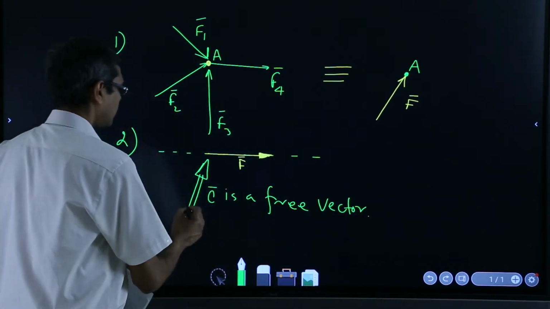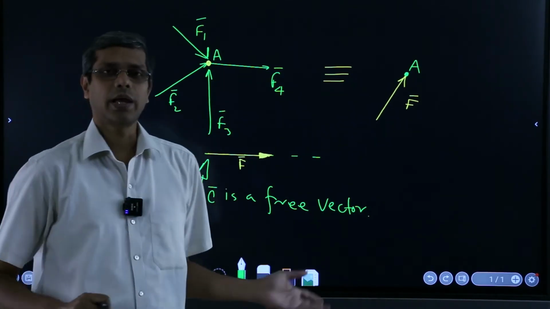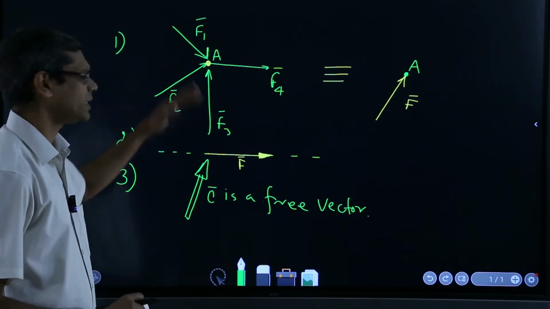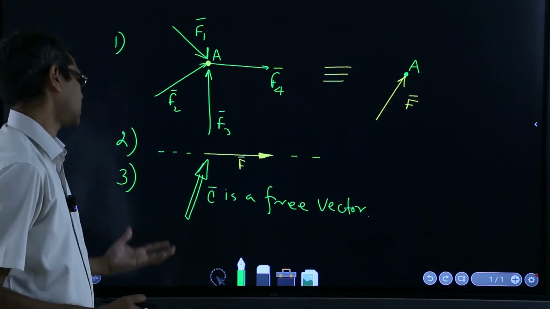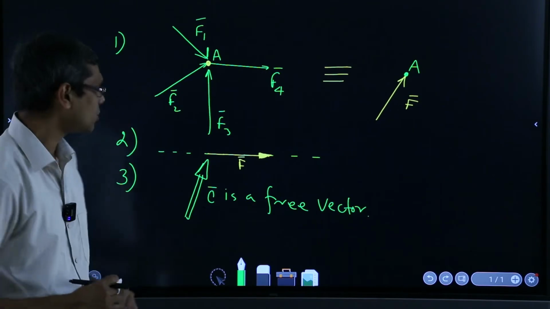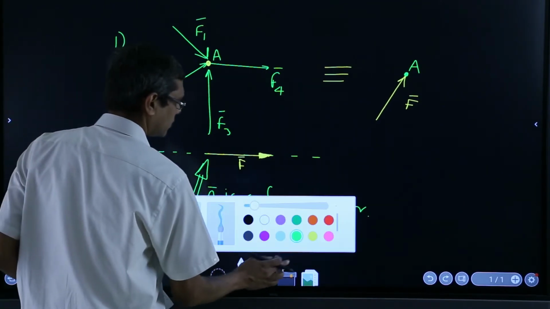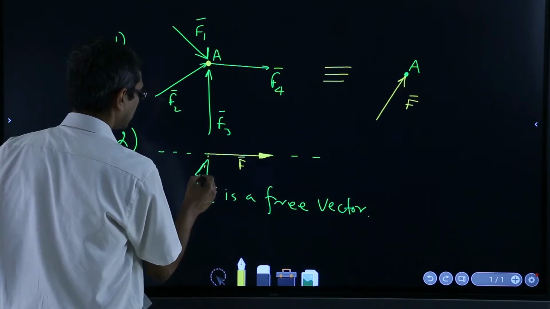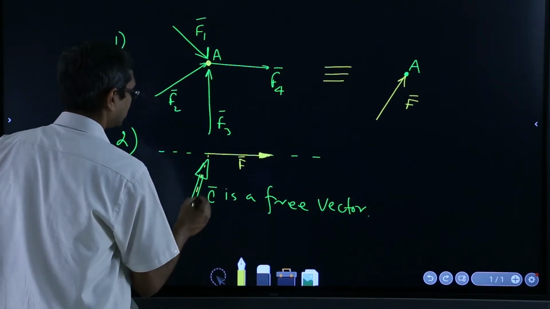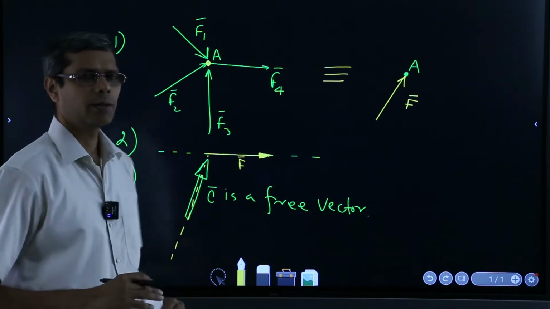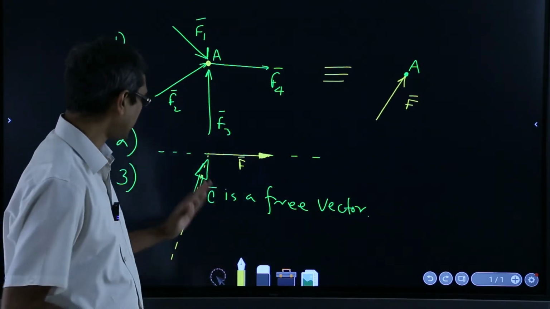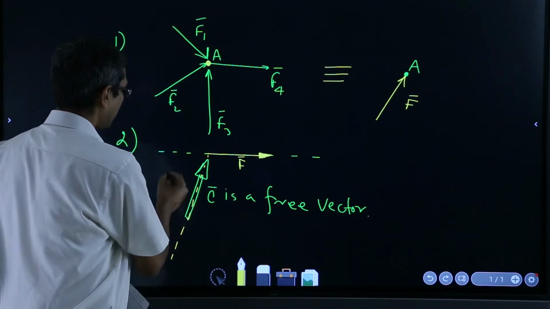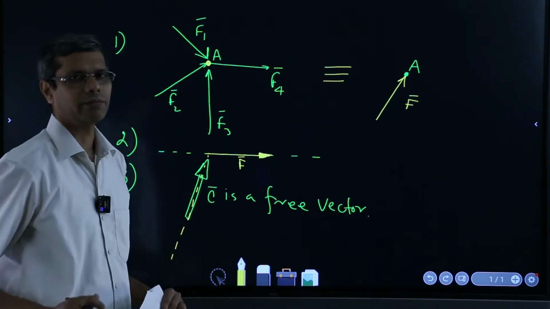We had seen what exactly it means, but this concept should always be used. It is very obvious that you can move it anywhere, because again, as I just mentioned, we are always concerned with dynamics, and for dynamics, by keeping the line of action parallel, you can move it anywhere in space.